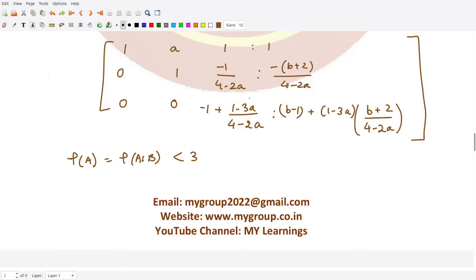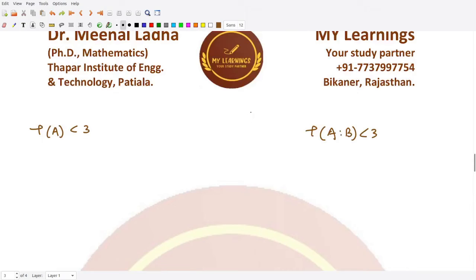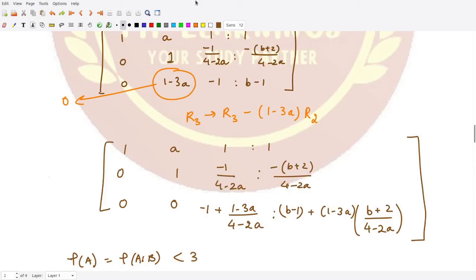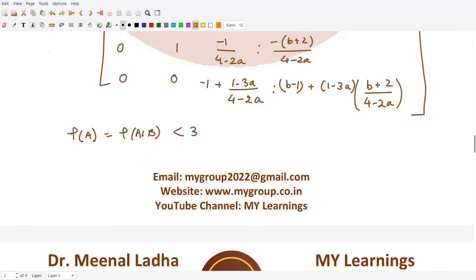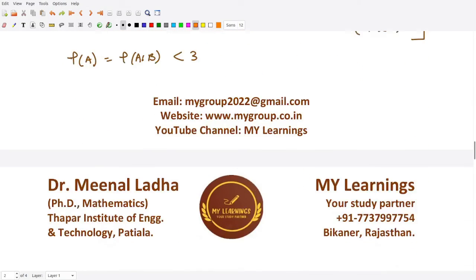It would be less than 3 if the whole of the element is equal to 0, right? Otherwise, if this particular element is non-zero, then it would give you the rank as 3, because in that case the number of non-zero rows would be 3 and we do not want that. So we have to make this element forcefully 0.